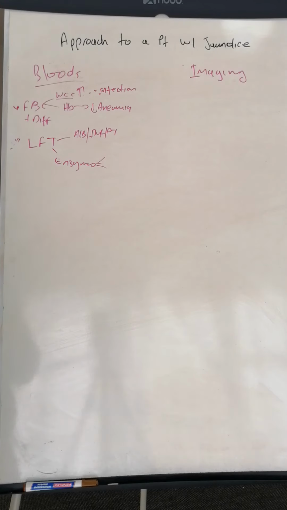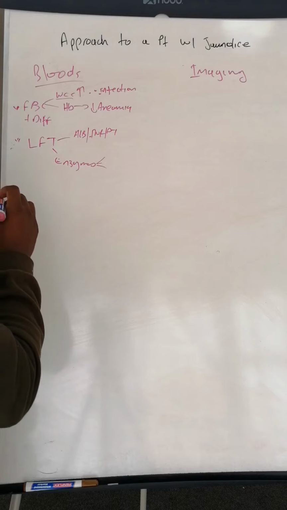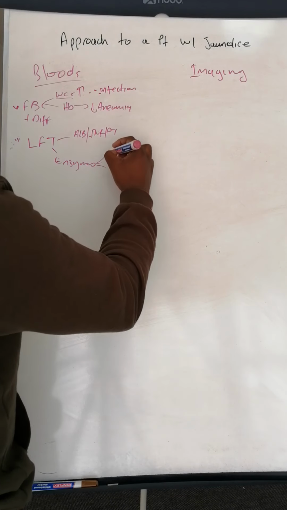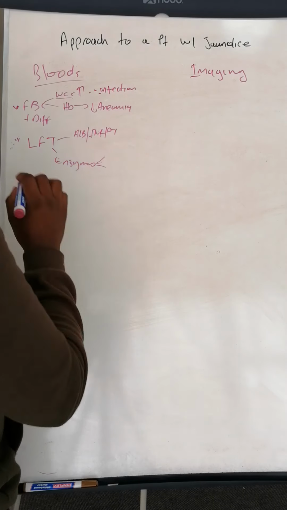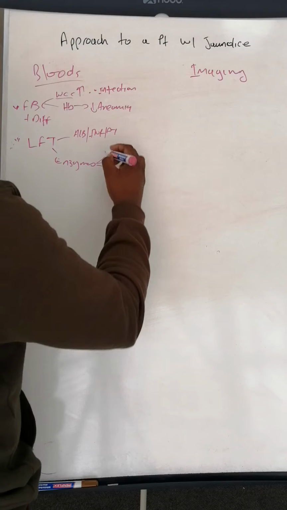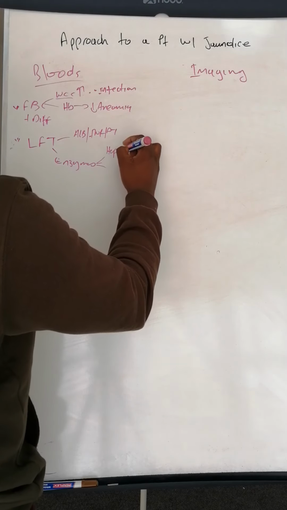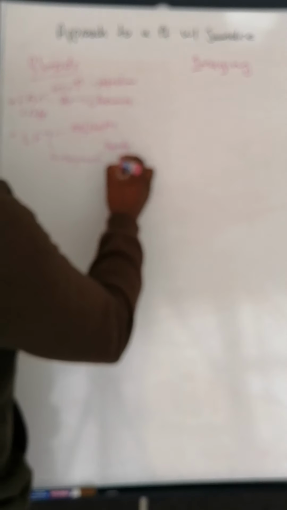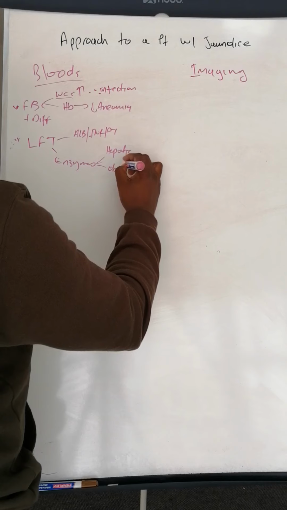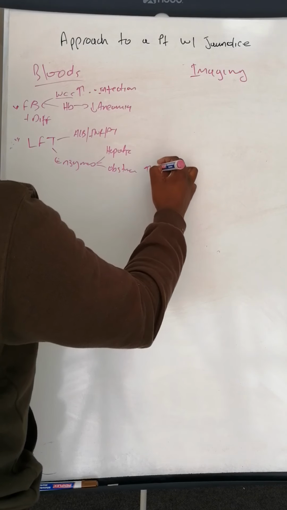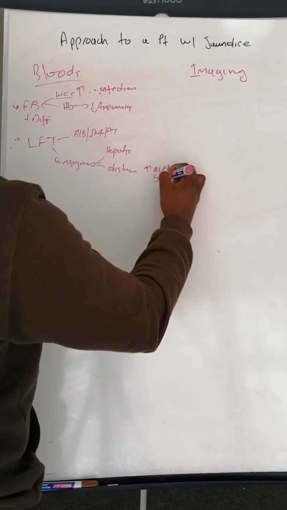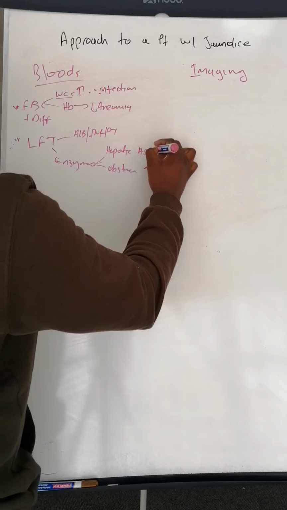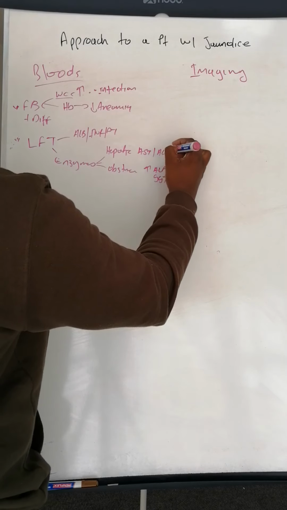When you look at the enzymes, depending on which ones are elevated, you can suspect that you've got a hepatic problem, that is, if you've got an increased ALT and AST, or you can suspect you've got an obstruction problem if you've got an elevated ALP and GGT.